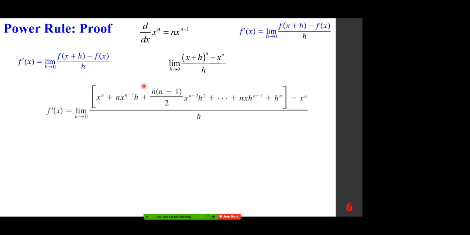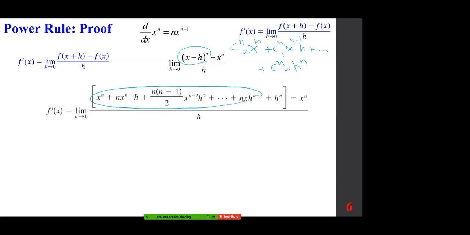I hope you remember the expansion was as follows, everybody: Cn0 x to the power of n plus Cn1 x to the power of n minus 1 h plus all the way to the end, which is Cnn, x goes away, and h to the power n. That was the expansion, and this is exactly what we have.